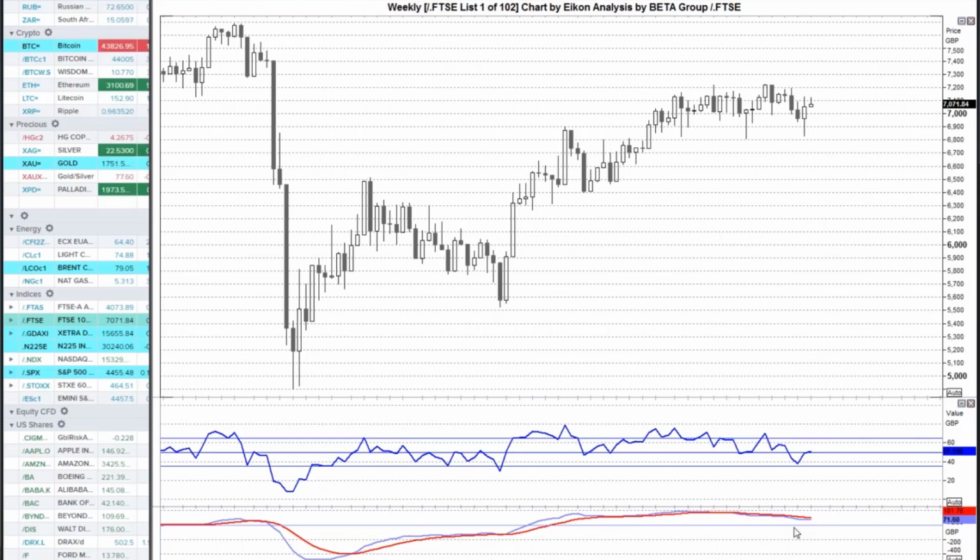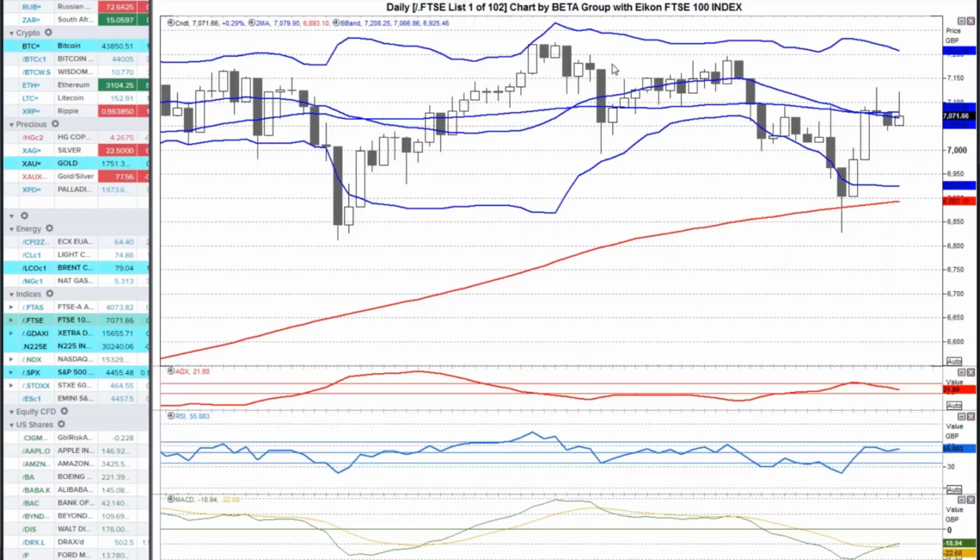The MACD is negative here, so we're looking from a negative point of view. We've got lower highs in place here, looking quite toppy, I would say, at this very moment, and could be an impulse just about to start to put in a third lower high there. The 7,011 wasn't the big level many people thought it would be.